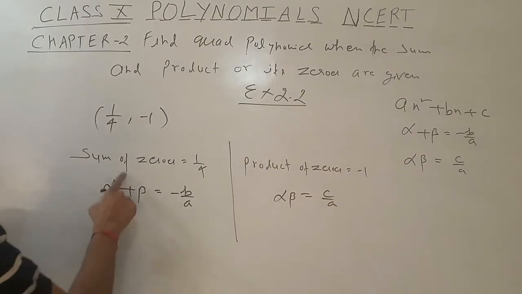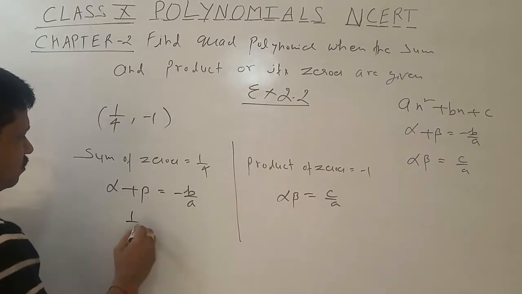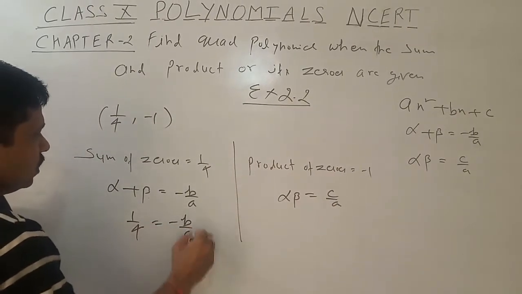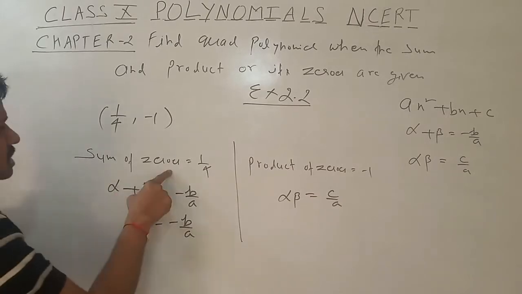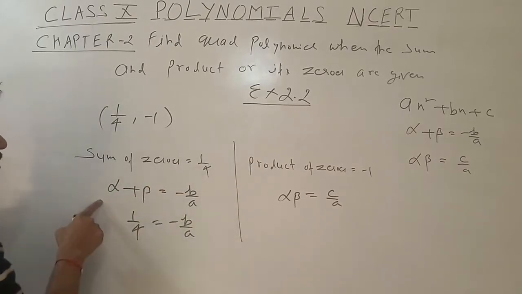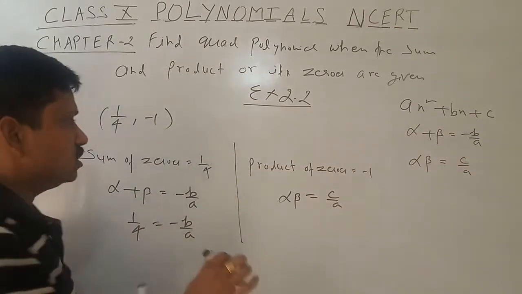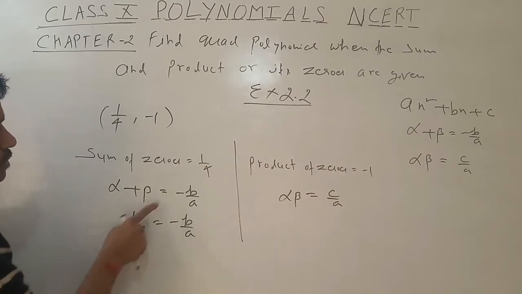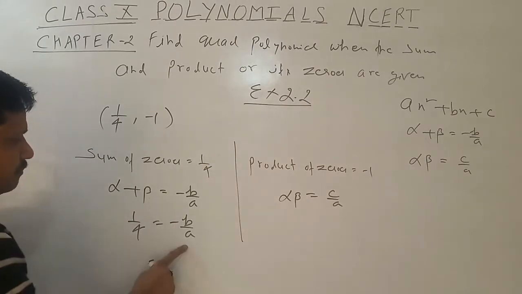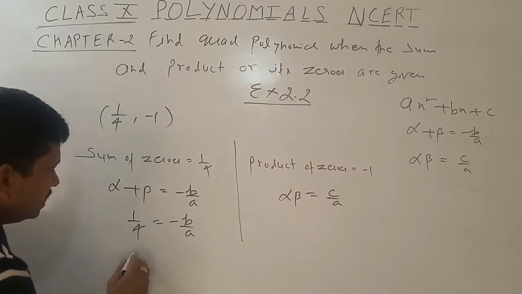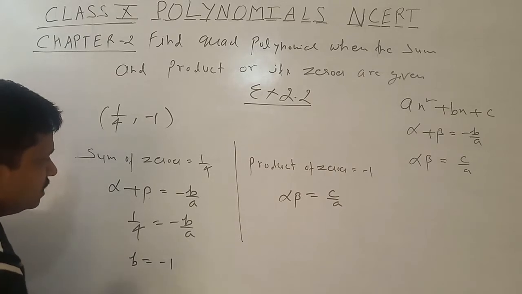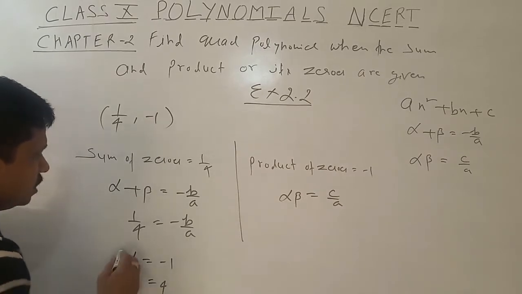The sum of zeros is 1 upon 4, so in the place of alpha plus beta we put 1 upon 4, which is equal to minus b upon a. Now we compare it, and we get b is equal to minus 1 and a is equal to 4.